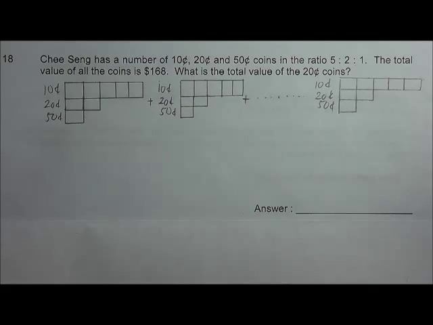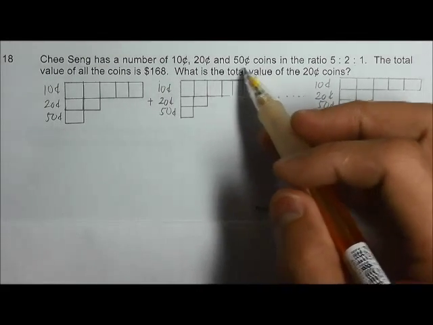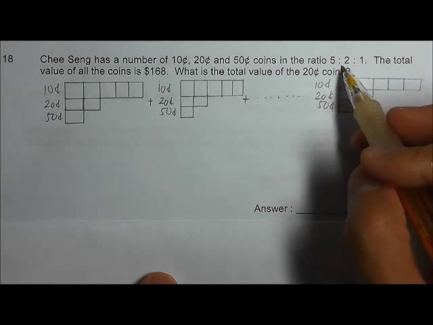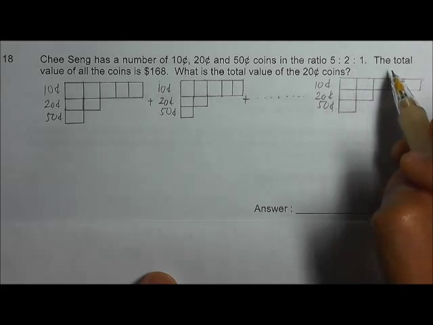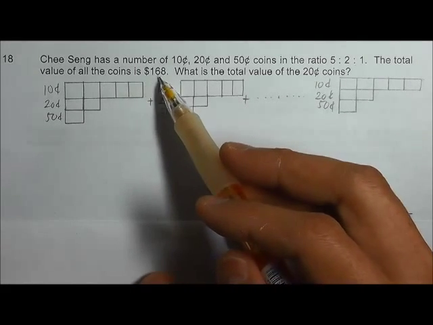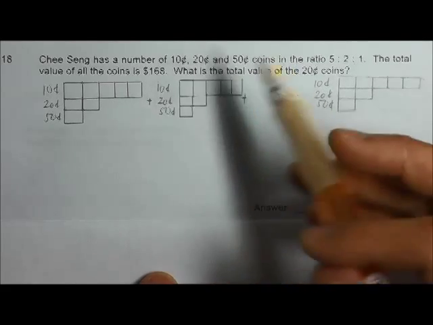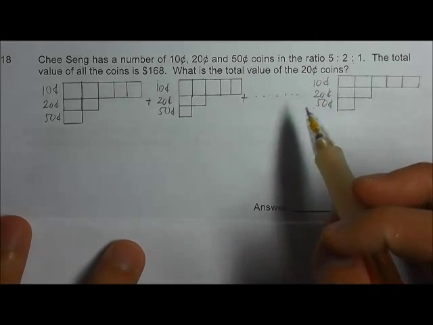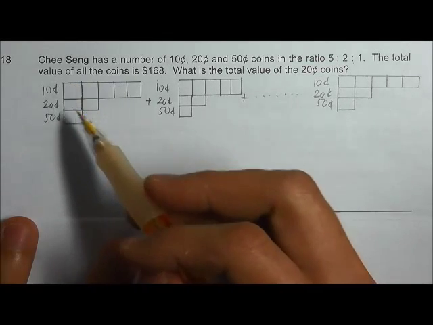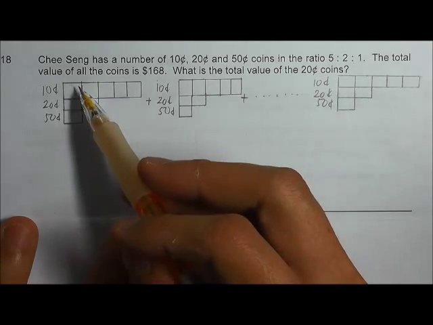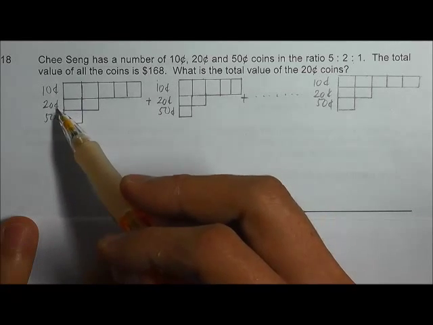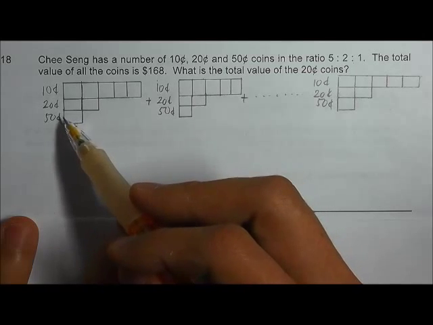Qixing has a number of 10 cents, 20 cents and 50 cents coins in the ratio of 5:2:1, and the total value of all the coins is $168. Okay, so we can see it this way. We can see that there are a lot of sets of 5 10 cents coins with 2 20 cents coins and 1 50 cents coin.